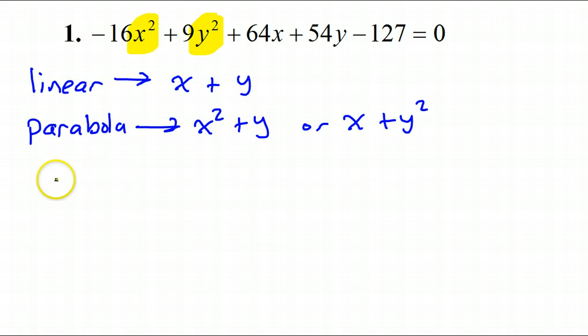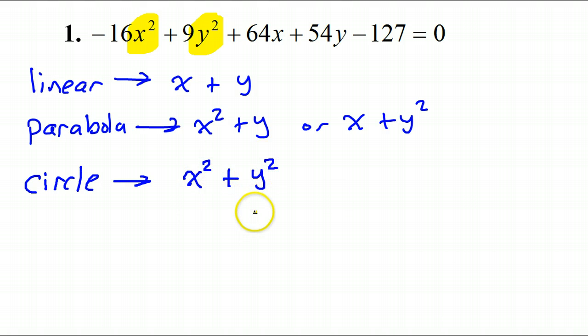Okay? Let's go for circle. If it's a circle, a couple things are going to happen. First of all, you're going to have both things squared. Second of all, the coefficients, the number in front, are going to be the same. Oh, and it's going to be positive, like this.